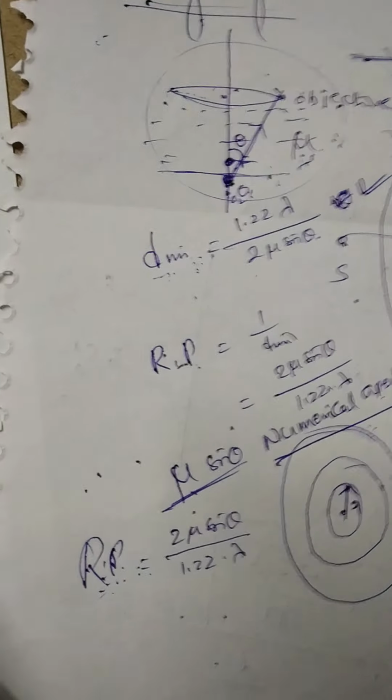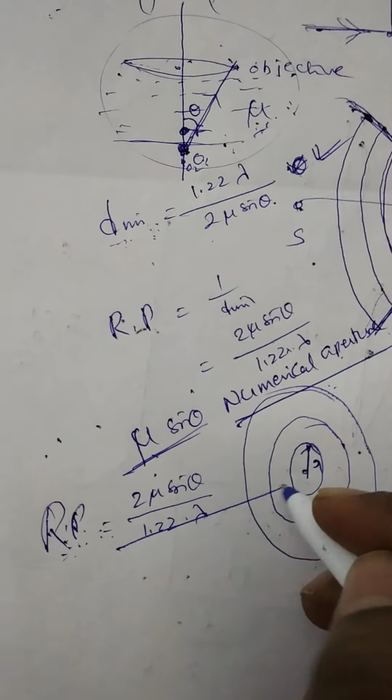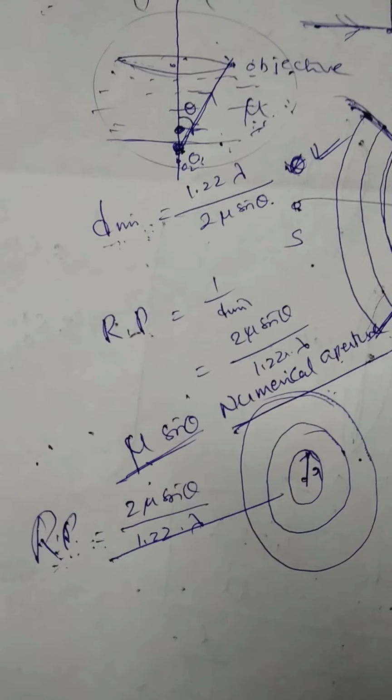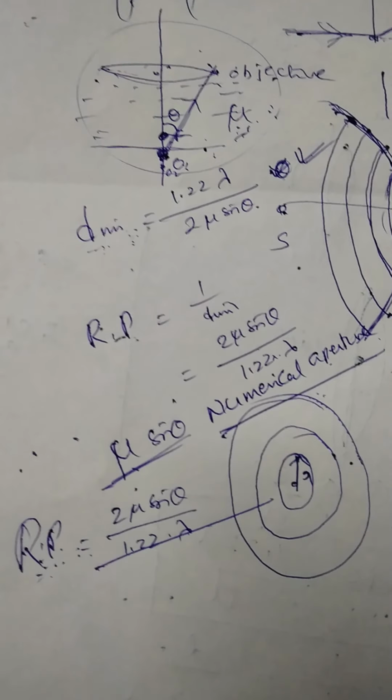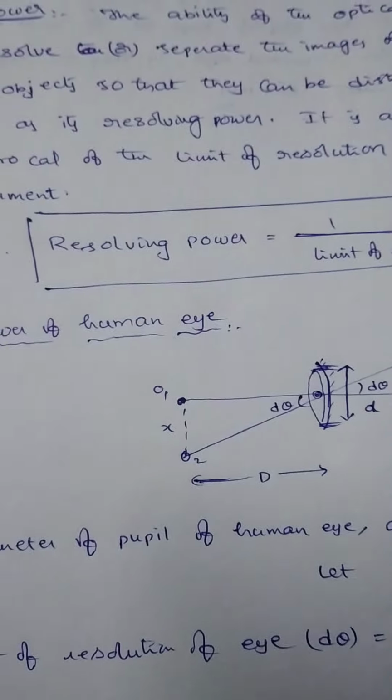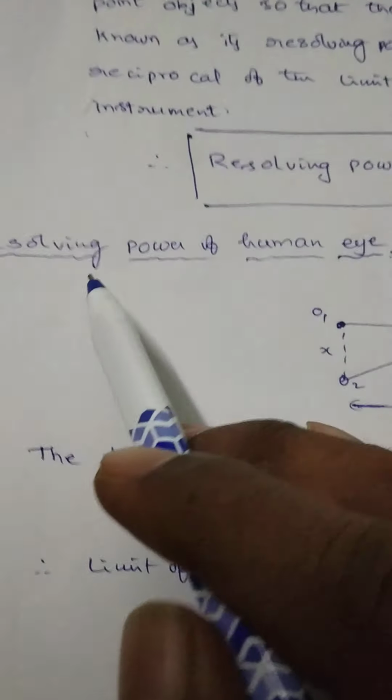Next, these are the formulas corresponding to the microscope and also the telescope. Next one, how do you find the resolving power of the human eye?